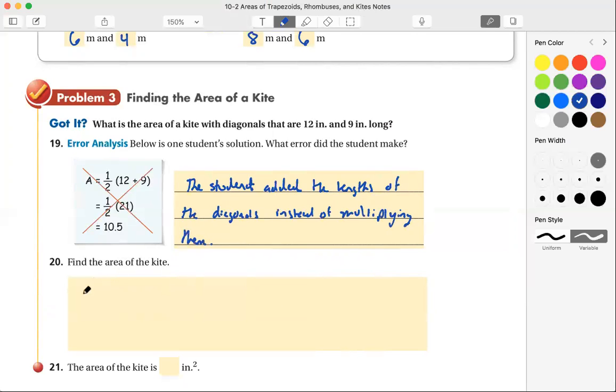What they should have done was this: A equals 1/2 times 12 times 9. So A equals 1/2 of 108. So A equals 54. The area of this kite is 54 inches squared.